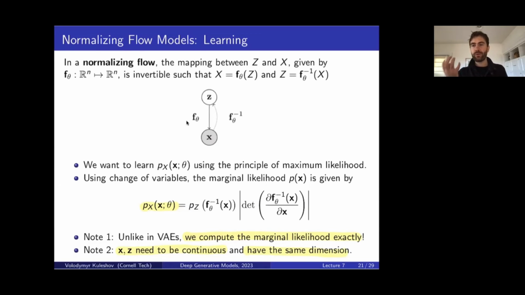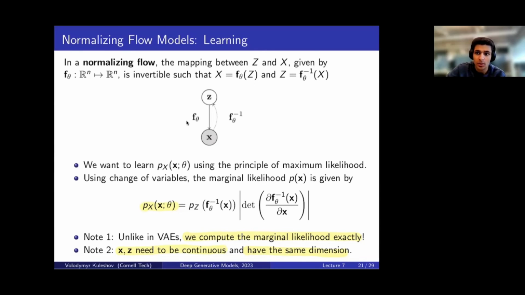And if Z is also very large and this mapping F that maps one to the other is invertible, then it can be a big function in the sense that it maps a big tensor to a big tensor. So it will in practice require more memory and more compute than just a formula that maps a small Z to a big X. So that's a practical consequence of the fact that X and Z have to have the same dimension.